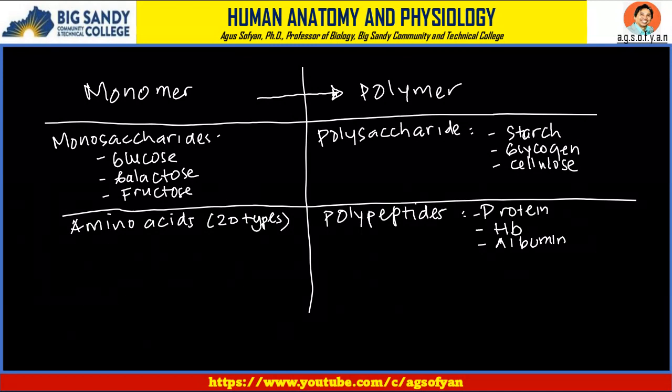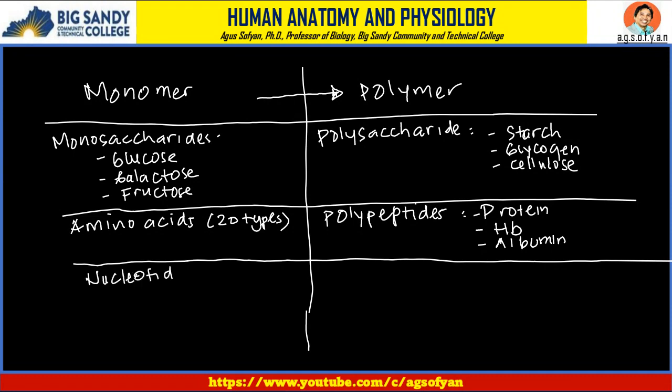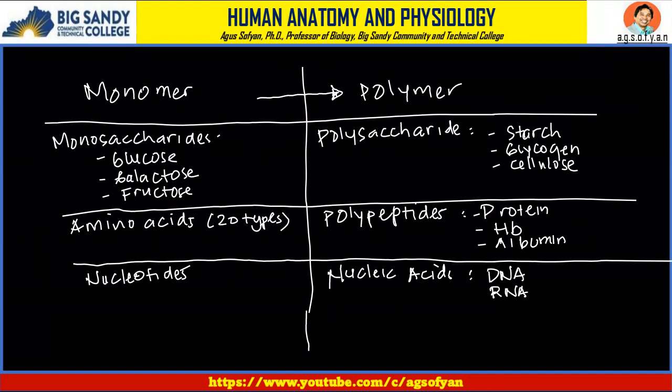If the monomer is the nucleotide, then the polymer is called nucleic acid. There are two types of nucleic acid in our body, which are DNA and RNA.